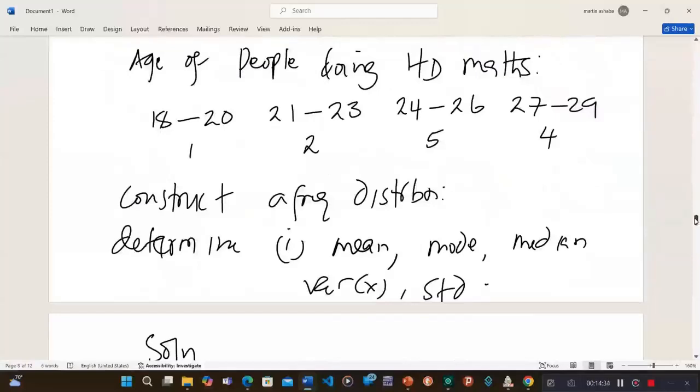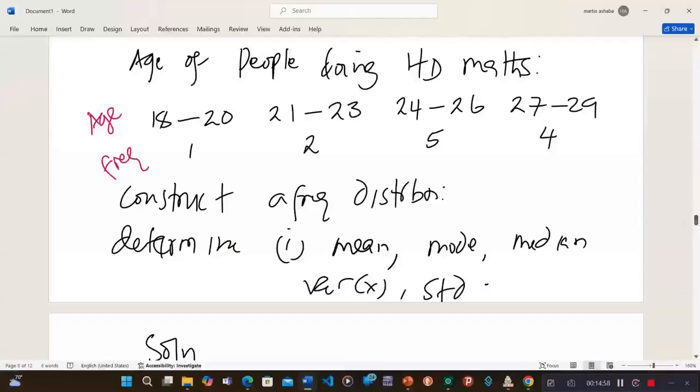If we are talking about students doing higher diploma mathematics, then we have the frequency distribution of this kind. These are classes. Now, the frequencies are down. So we have age and we have the frequency.